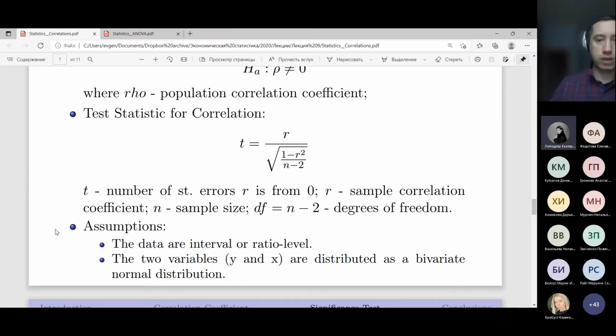Again, if you want to find a relationship between two continuous variables, calculate the correlation coefficient. Once one of these variables is qualitative, apply ANOVA. And if two variables are qualitative, you should apply another test. We will learn it later.